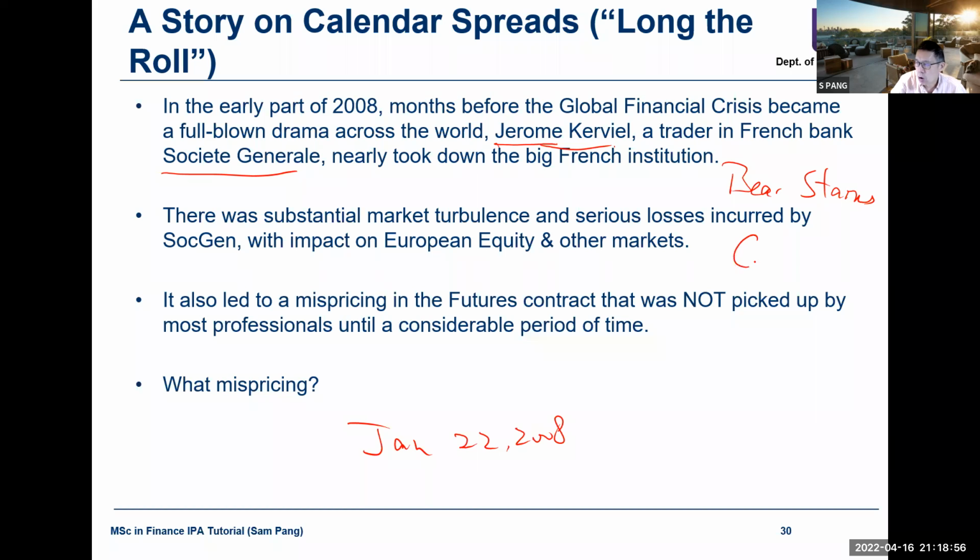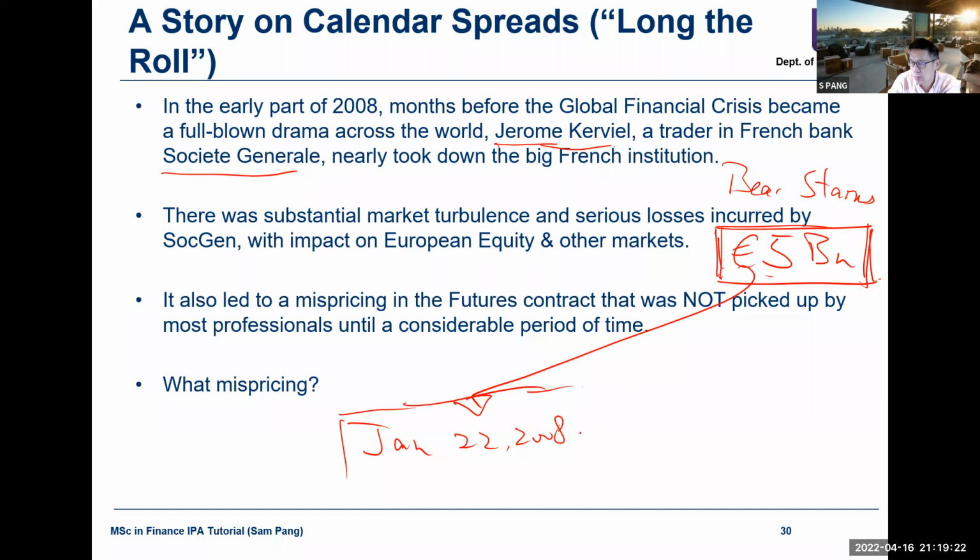I think they lost close to 5 billion euros in less than a week. Once they discovered his trading losses, they had to very quickly unwind all the positions and make sure everything is properly settled. SocGen ended up losing $5 billion, and they made that announcement somewhere around this time.